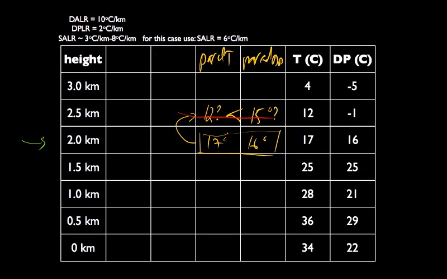All right, so I'm going to clear this, and then we're going to go back and expand this. So we have 17 degrees temperature and 16 degrees dew point. So this is the temperature and this is the dew point.